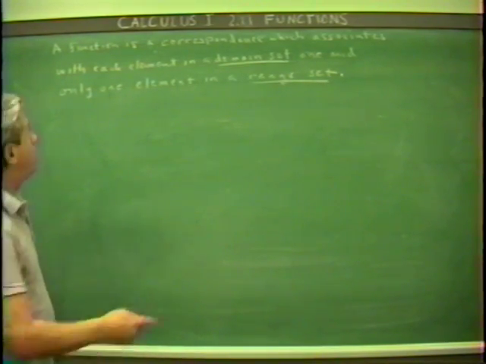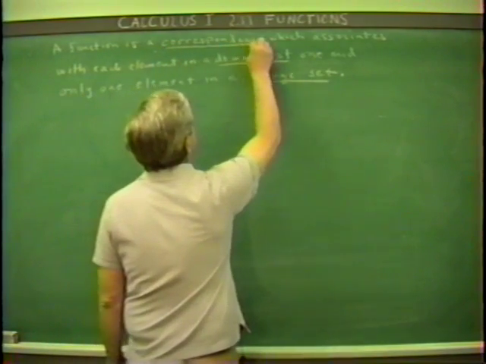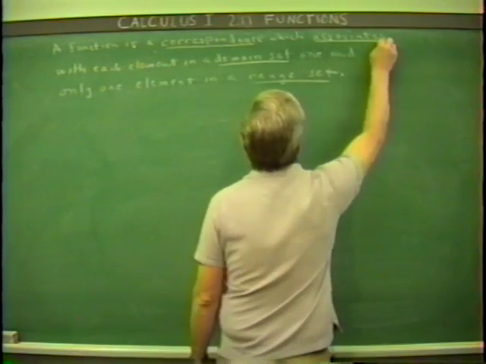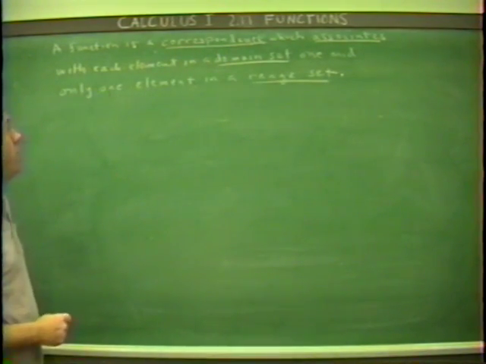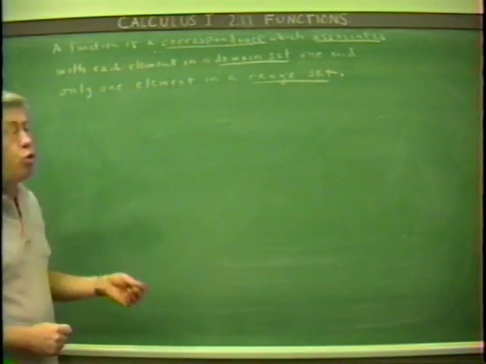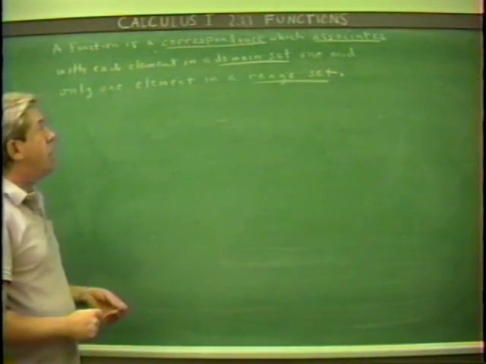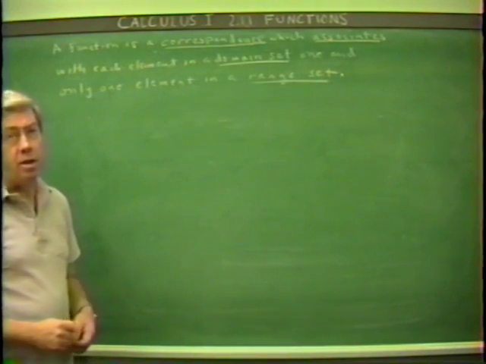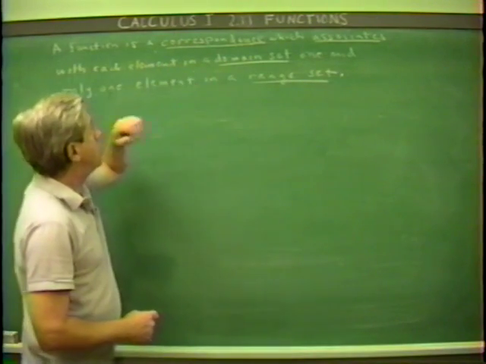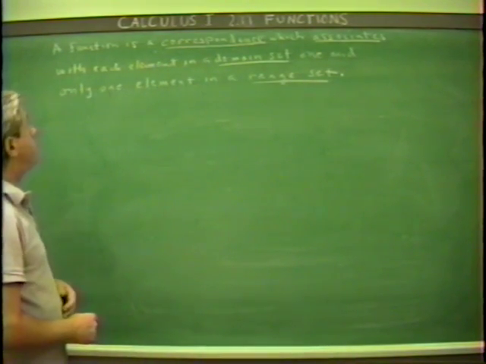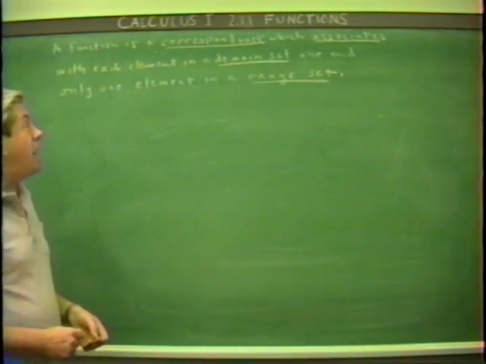The question which arises, of course, is what does correspondence mean and what does associates mean? Now, some people like to use the word rule up here for correspondence, but that assumes to a certain extent that you have got to have an explicit rule in order to have a function, and that generally isn't considered to be the case. Anyway, correspondence doesn't really mean anything.